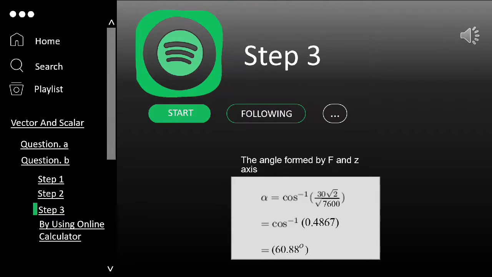And the last, the angle formed by F and the z-axis. The arccos of z, which is 30 square root 2 divided by square root of 7,600, we get 0.4867. The angle we get is 60.88 degrees.